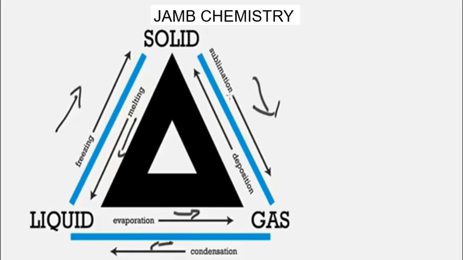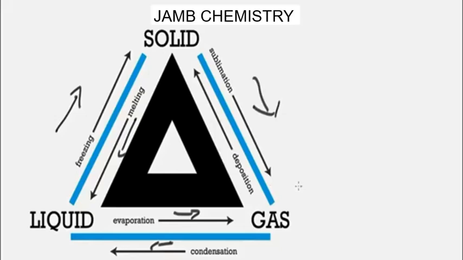What happened is that the camphor was changing from solid to gas. It was escaping in a gaseous form. We call it sublimation. Whereas when matter changes from gas to solid, we call it deposition.